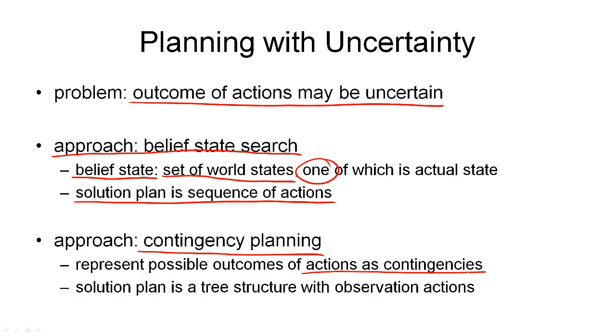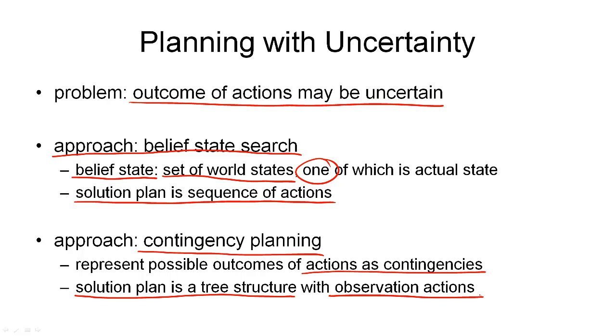So that means when we search through our search space, we can still deal with individual world states. But now our solution plan has a tree structure that branches where we have to take into account the different contingencies. And also our solution plan will contain observation actions at the branching points where we, during execution, observe which of the branches is actually happening.